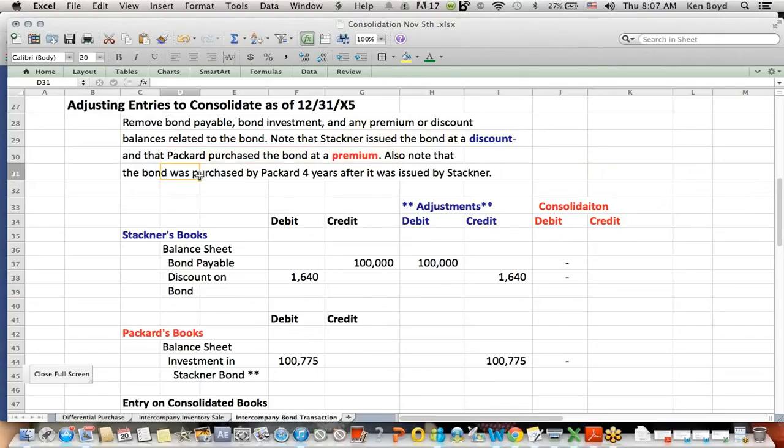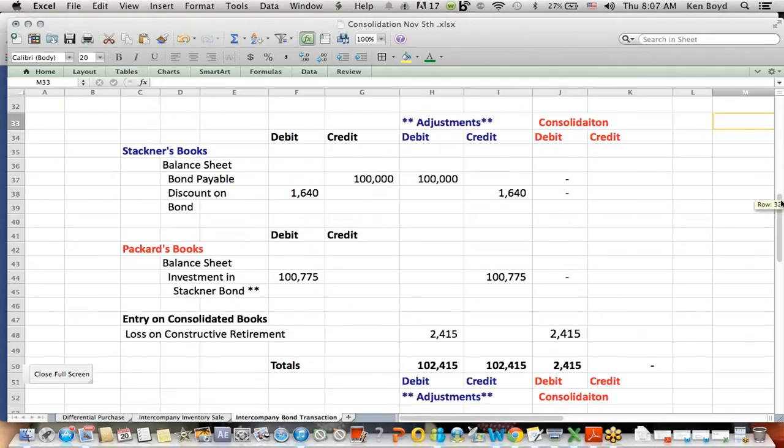And, to make it more complex, the purchaser bought the bond 4 years after it was issued, so we have to adjust all that discount up to the point where the buyer buys the bond in the open market after it's issued. So the point is that regardless of the timing of when it was issued and when it was purchased, this entire discount on bond needs to get credited to be eliminated in consolidation.